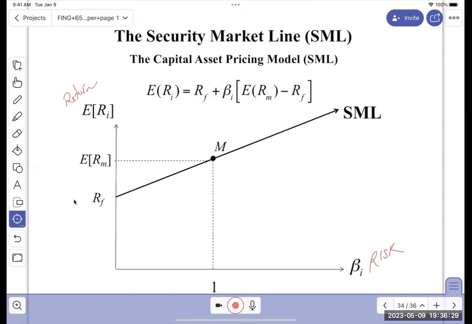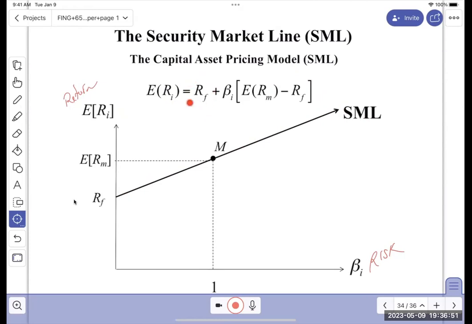This is the capital asset pricing model. It's actually a line called the SML, the security market line, and it looks like the CML, but I've put it on different axes so it gets a different name. It's a line.